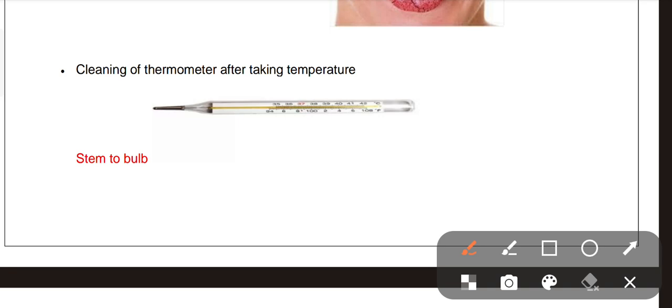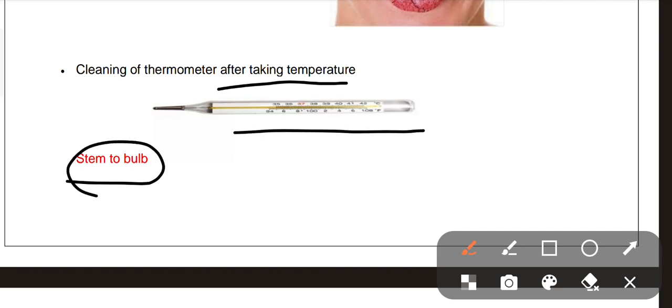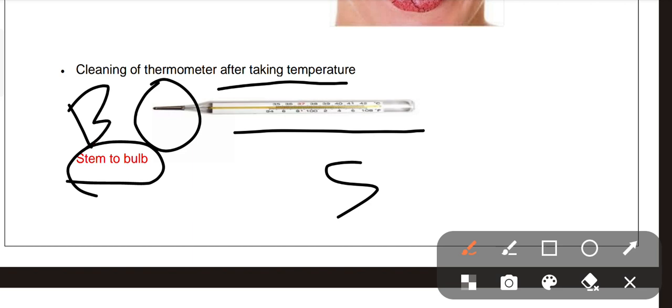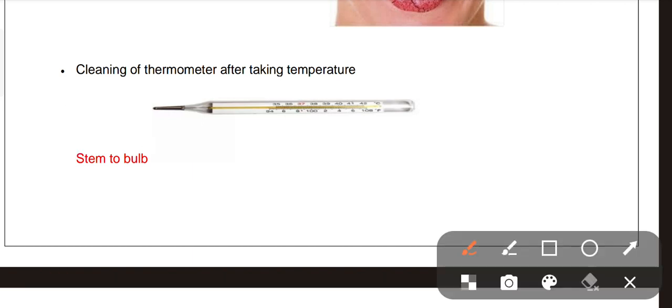And the next point is cleaning of the thermometer after taking a temperature. For example, if you are going to check the temperature of the patient, before and after, how will you clean the thermometer? After taking the temperature, you clean from stem to bulb. This is the stem and this is the bulb. Why?